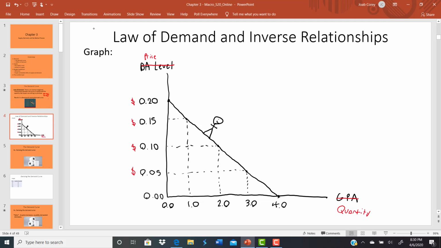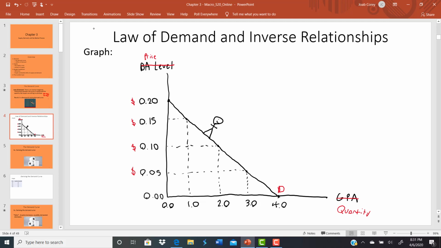So at 20 cents, we might not be willing to buy any, but at 15 cents, you might buy one. At 10 cents, you might buy two. At 5 cents, you might buy three. If they're just to give them away to you for free, you might take 4 of them, right? Then what we have here is a downward sloping demand curve representing that relationship between price and quantity demanded, right?